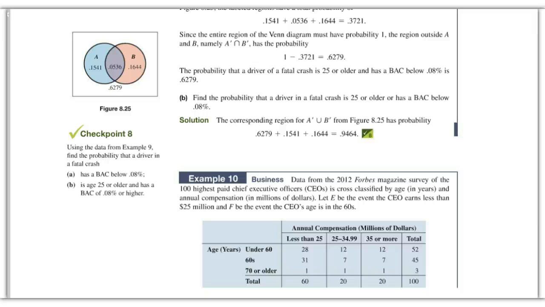Example 10 gets a little challenging. We have data from the 2012 Forbes magazine survey of the 100 highest paid executive officers, CEOs, and they're classifying them by age in years, of course. Let E be the CEOs that earn less than 25 million, wow.